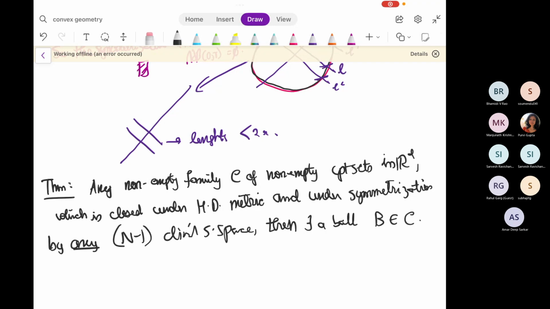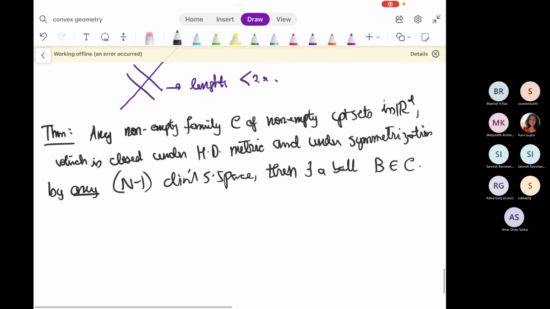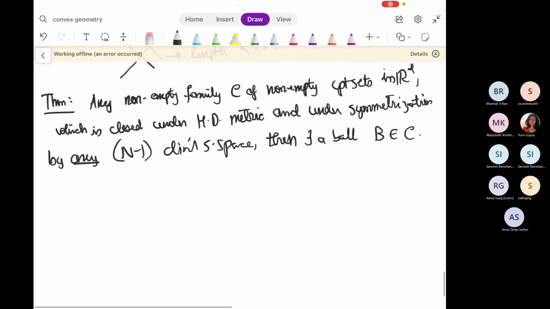As we proceed ahead, we will be working with a particular family of that kind and using the existence of a ball to show the Brunn-Minkowski inequality. Because as we know, balls are equality cases of the Brunn-Minkowski inequality. Oh, yeah, and excuse me, this ball will be centered at the origin as well.